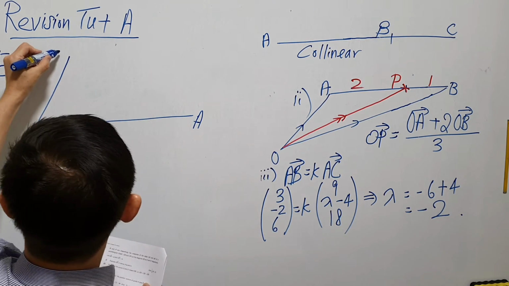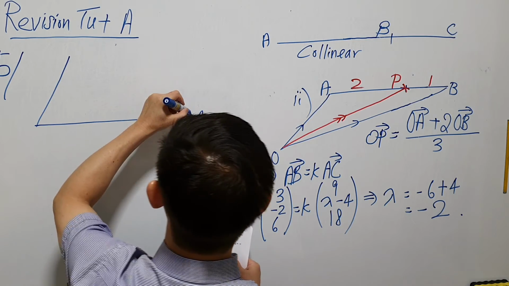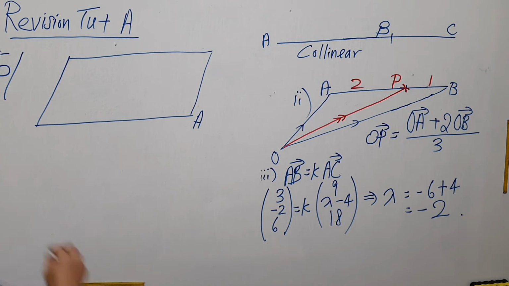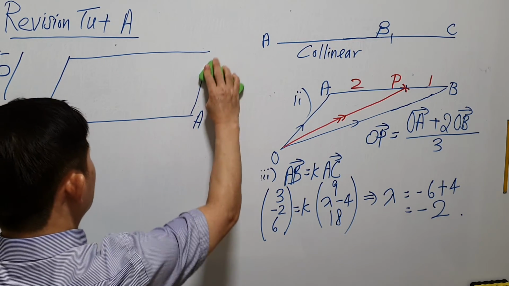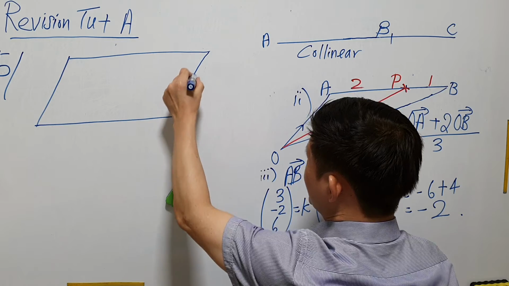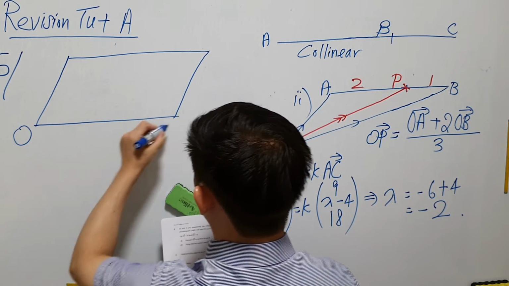O, A, B, C. I hope my diagram is good. This one looks not so good. I think this should be better. Roughly again, my drawing may not be that good.